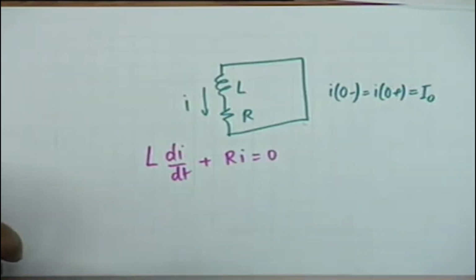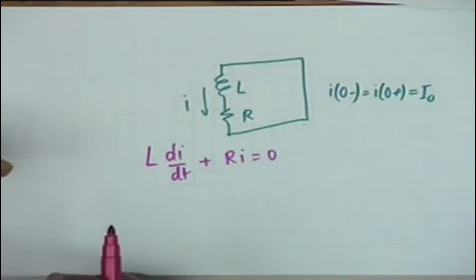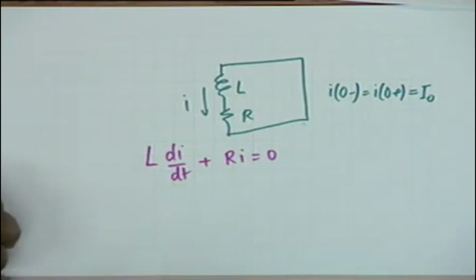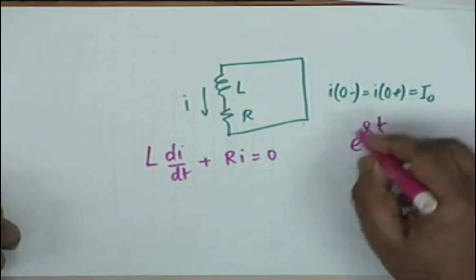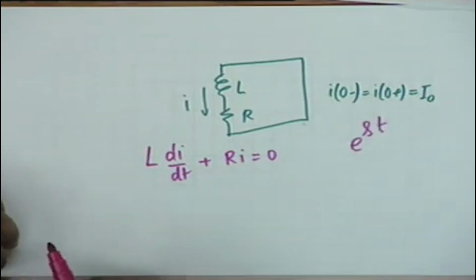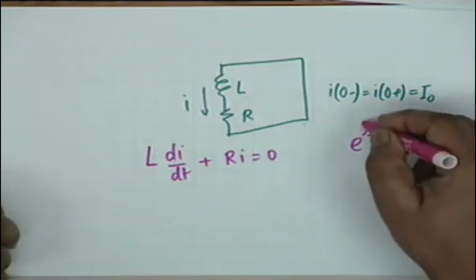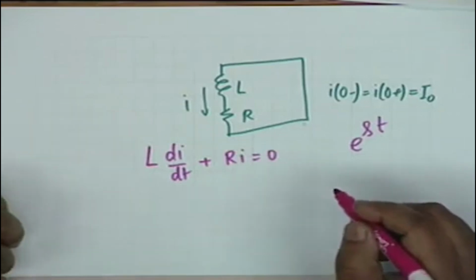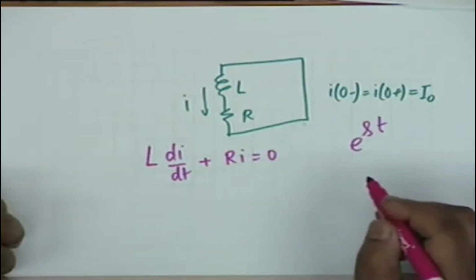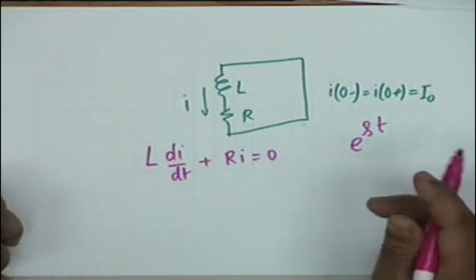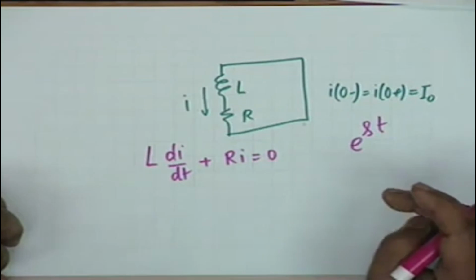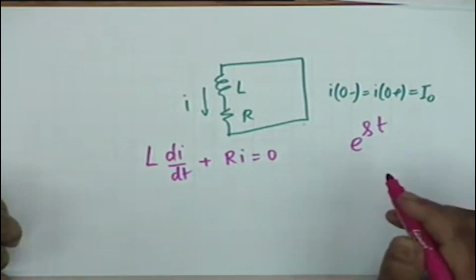If you proceed exactly similarly, that is, you put small i equal to A e to the power st. Incidentally, what should be the dimension of s? 1 by t, second to the minus 1, and 1 by t is a frequency, and therefore small s is called a frequency. We will come to the physical interpretation of small s a little later, and you will see how nicely it tunes with physical concepts of frequency.